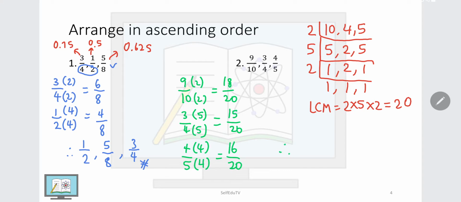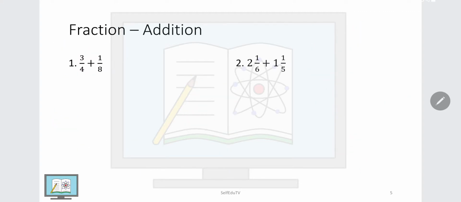So the arrangement will be this. Next, we will look at how to add fractions.